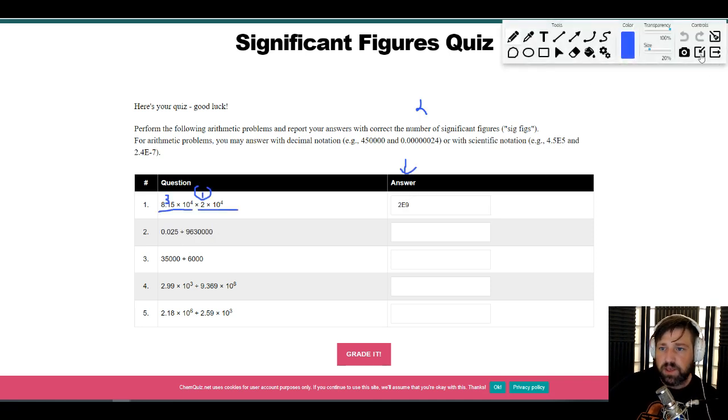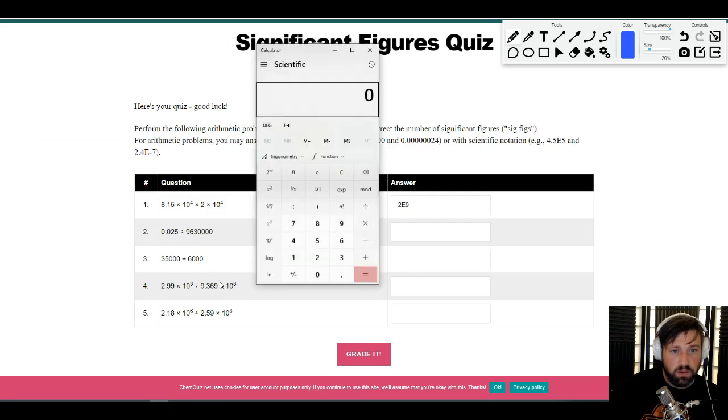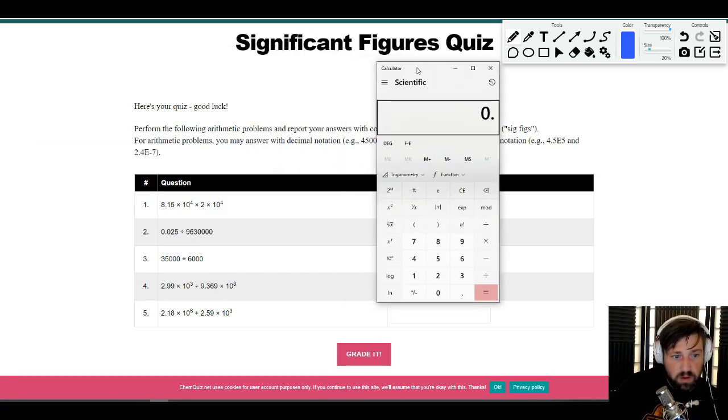Sig fig rules are still the same as before. Leading zeros don't count, so this is 2. These back zeros, there's no decimal, so they don't count. So this one's 3. This is going to be whatever the calculation is here, just round it to 2 sig figs. So we can just calculate this real quick. 0.025 divided by 963. 2.596 times 10 to the negative 9th.